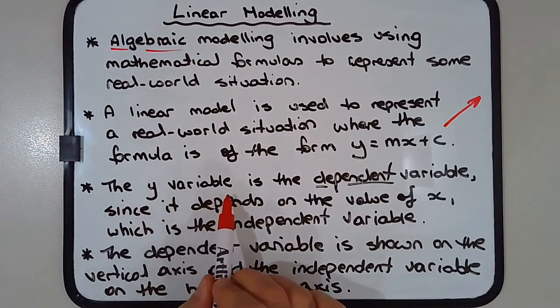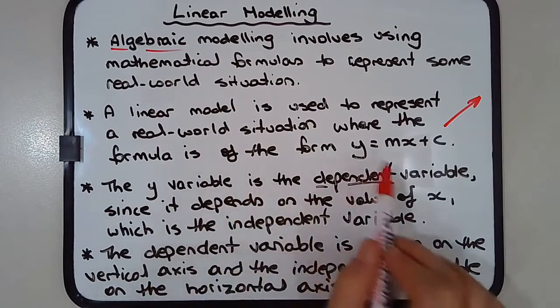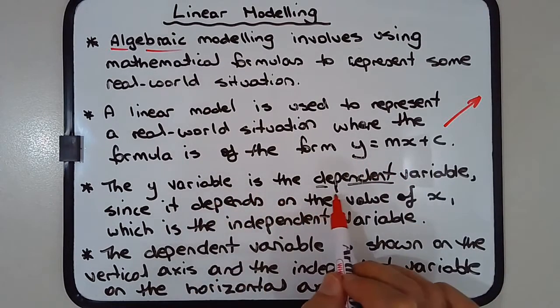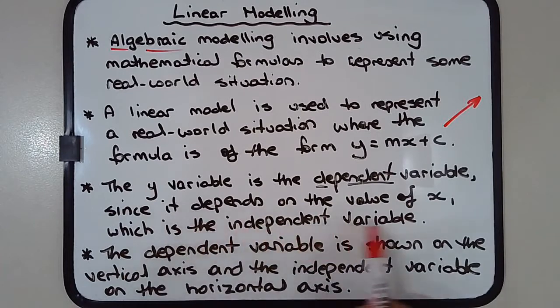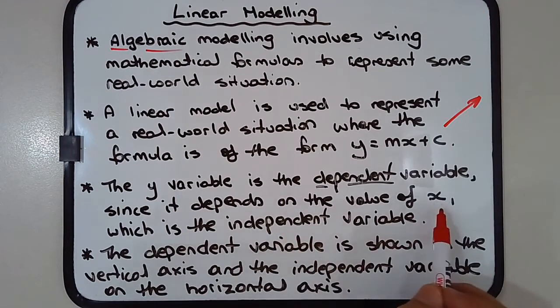Now, the y variable in y equals mx plus c is what we call the dependent variable, since it depends on the value of x. And the value of x is the independent variable. That means that x, we have full control over that. We could make the pronumeral x whatever we like, within reason, depending on the situation, of course.